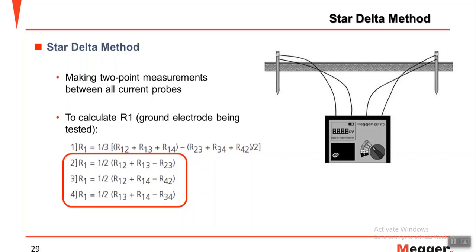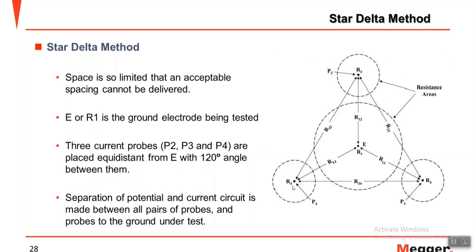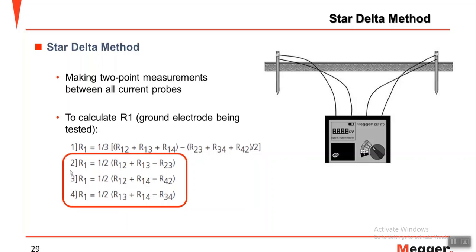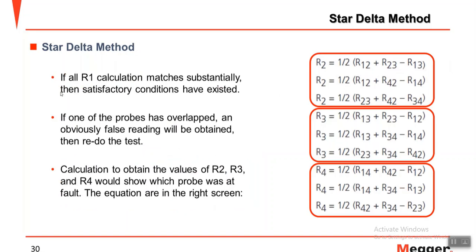But if you get a difference in R1 between this formula and that formula, you need to retest, and maybe move these points, R2, R4, and R3, a little bit farther away to make sure you get the same value from these three formulas. If all R1 calculations match, then the satisfactory condition exists.